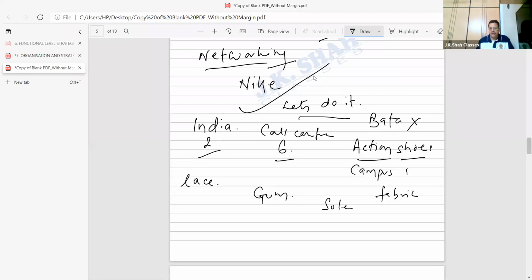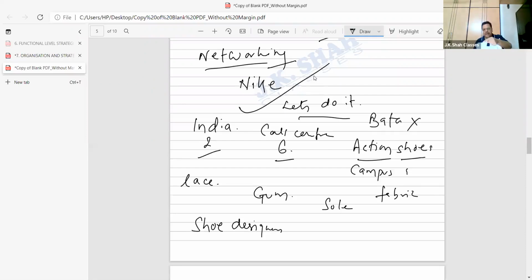In the sense, students, the shoes Nike makes don't have leather on them. What they have is, suppose, jute, the fabric. So find out who makes fabric like that. And then also call, find out who are the shoe designers in India.